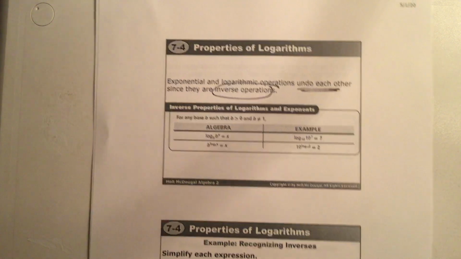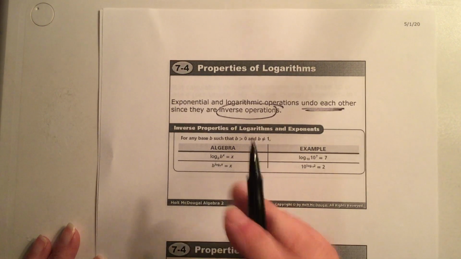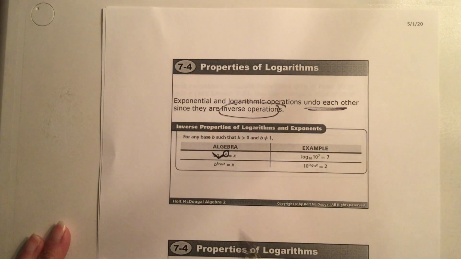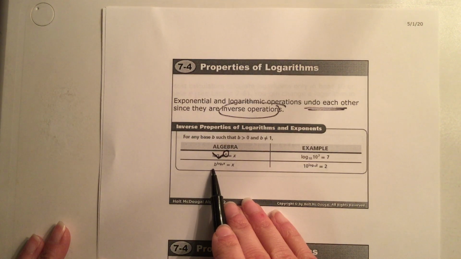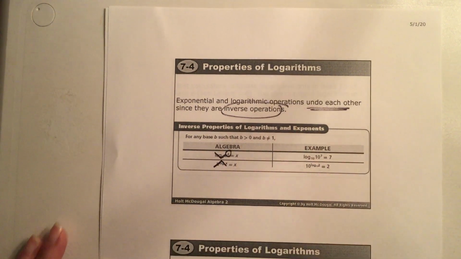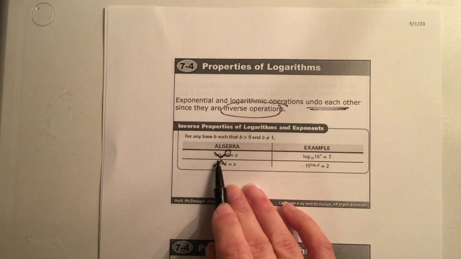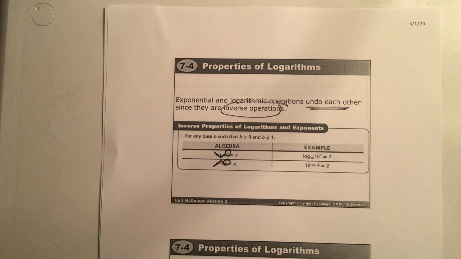So if you ever have a log where the base and the big number are the same, they cancel one another. All you'd have left is an x. If you have the exponential form of that where the bases match, so b to the log base b, if you have an exponential base and a logarithmic base and they are the exact same thing and next to each other, they cancel. All you would have left is an x. That's why x is your answer.